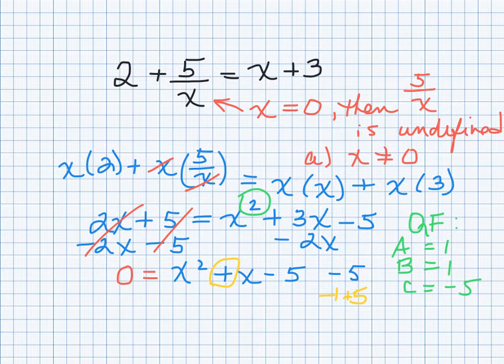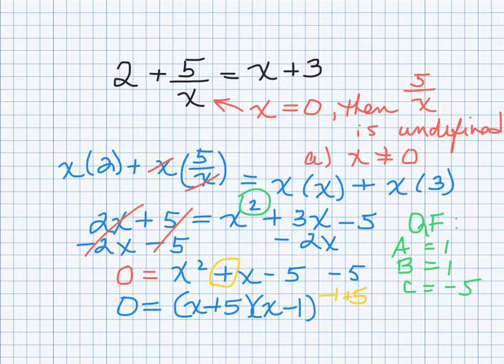So that means that when you do the factor boxes, you're going to wind up with the factors like this, with x plus 5 and x minus 1. And that, of course, is equal to 0.